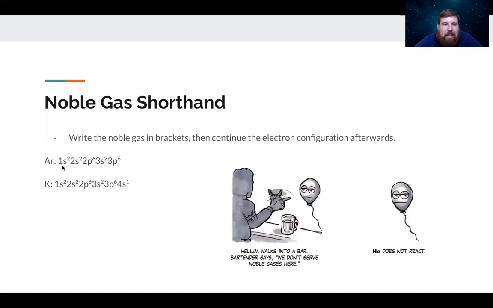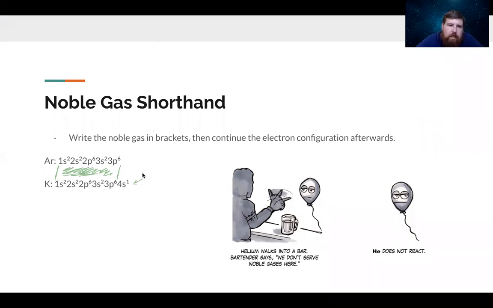The electron configuration for argon is almost the same as potassium. In fact, up to here, it's exactly the same. So potassium has the same electron configuration as argon, plus one extra electron, and that extra electron is now in the 4s subshell.